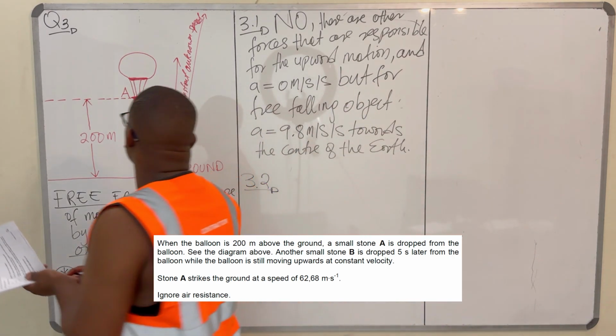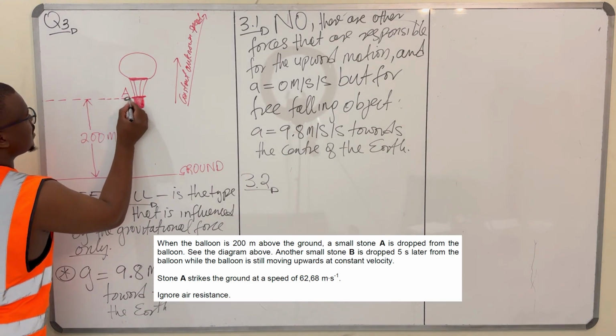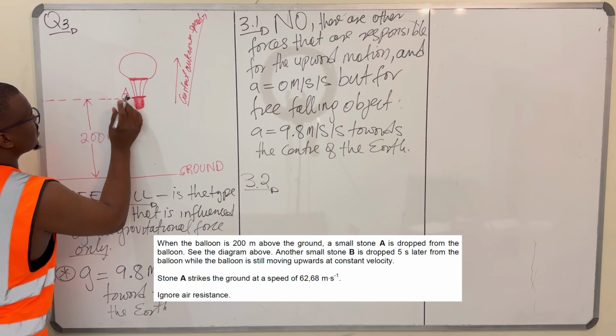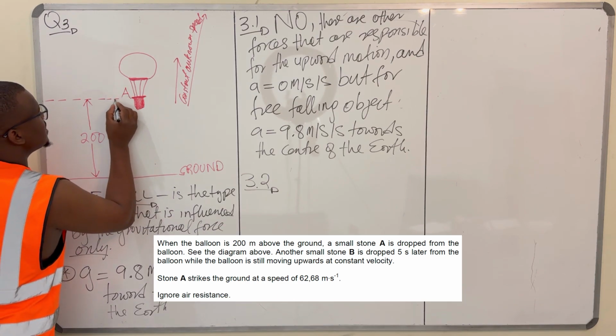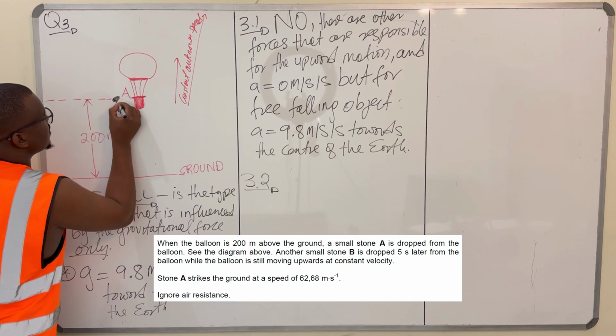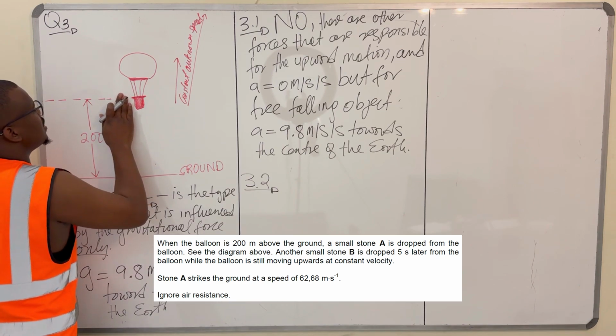They are saying here, when this air balloon of ours is 200 meters from the ground, a stone called A, let's draw it here. Here is a stone. It's called A. Let me fix this diagram.